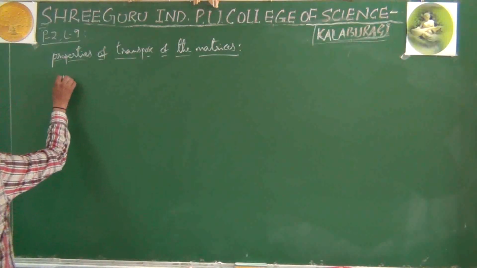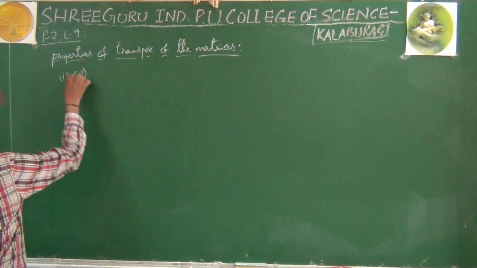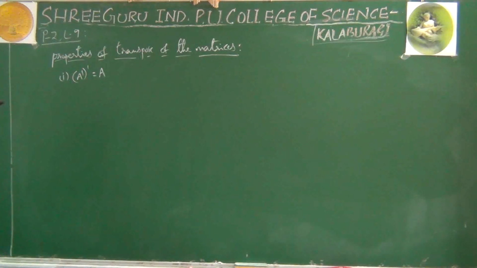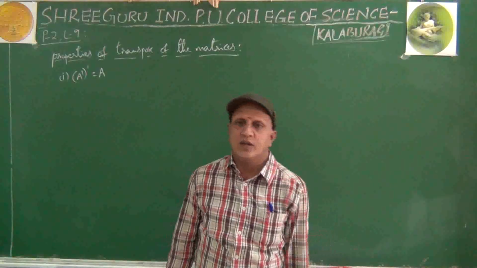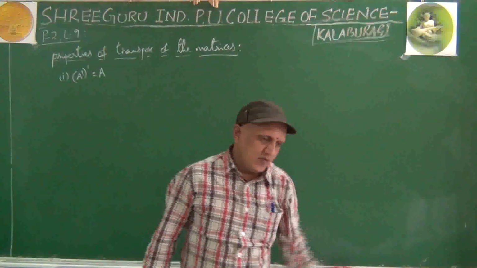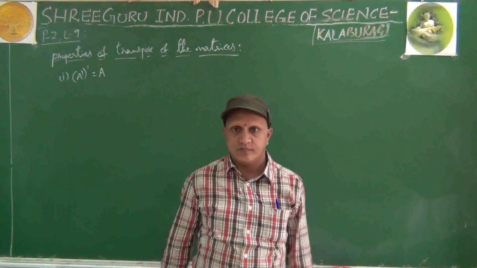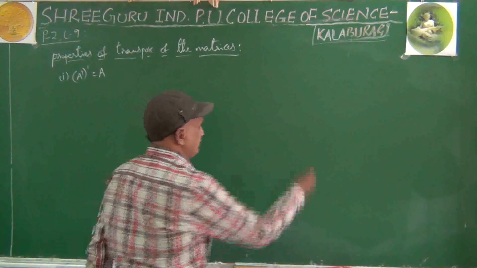First property, A dash whole dash equals A. If you find a transpose for the given matrix, we will get something. For that, again, if you find the transpose, the same thing will come, the first whatever we got.